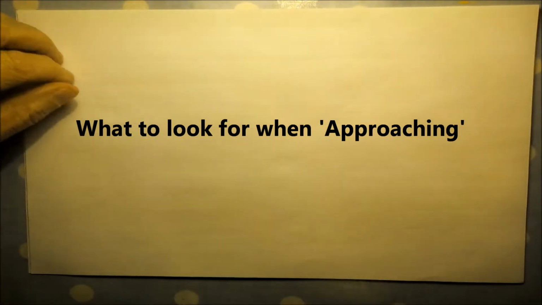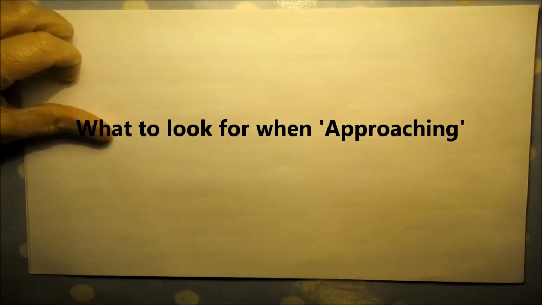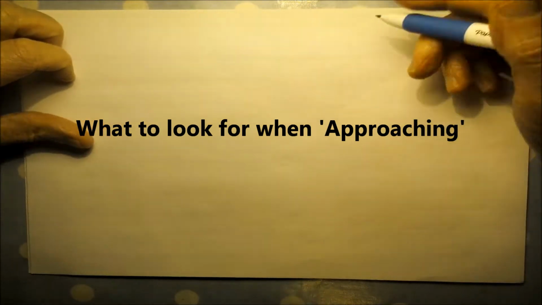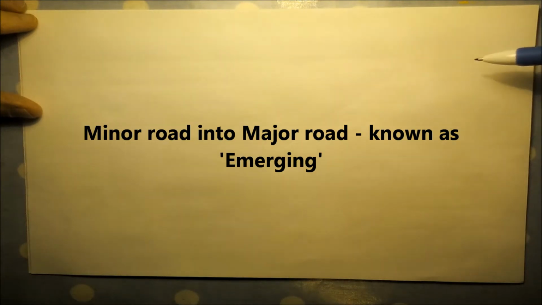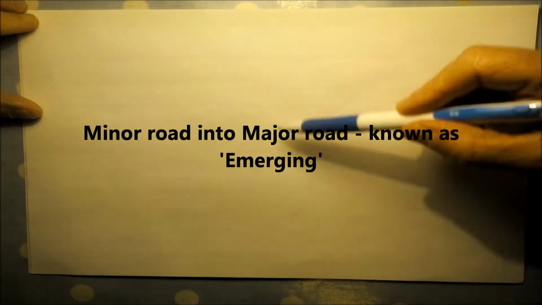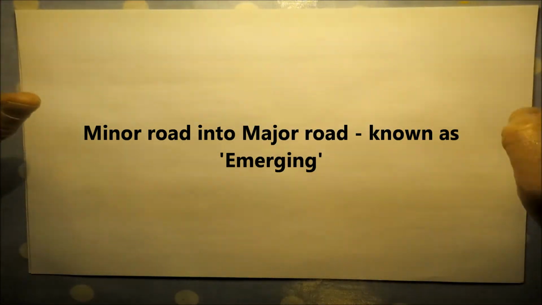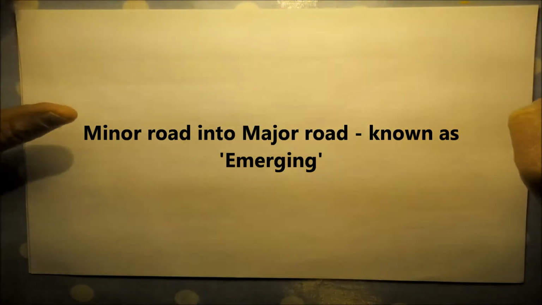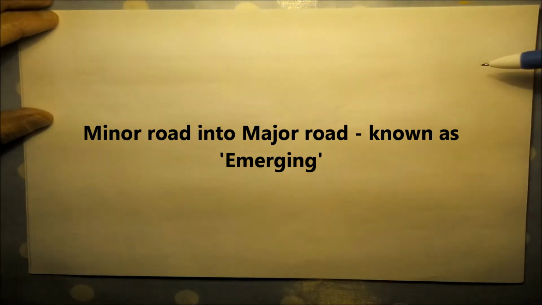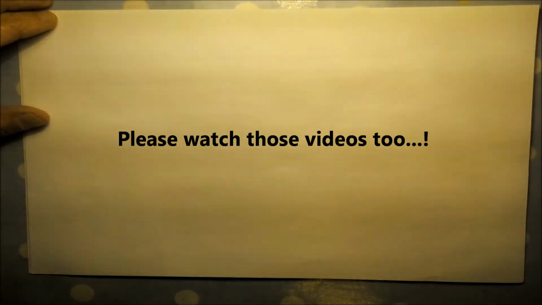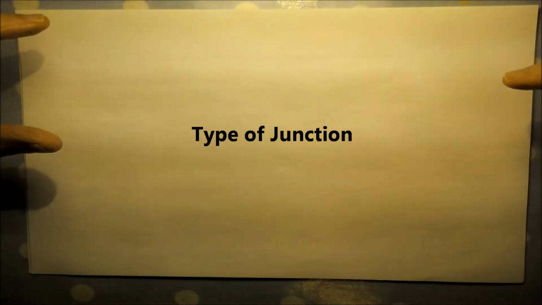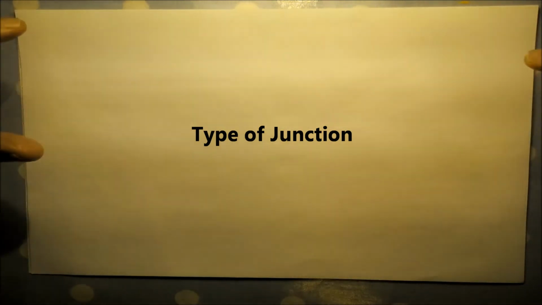Right, this is a dead quick video on what to look for when you are approaching a junction from the minor road to the major road, so you're emerging either left or right. I'm going to do separate briefings on the actual process in terms of applying the mirrors signal manoeuvre routine and doing the junctions, but this is more concerned with the type of junction that you're approaching and what to look for.